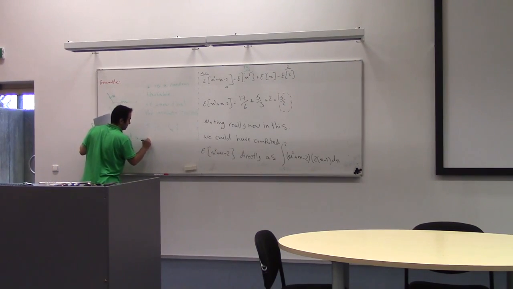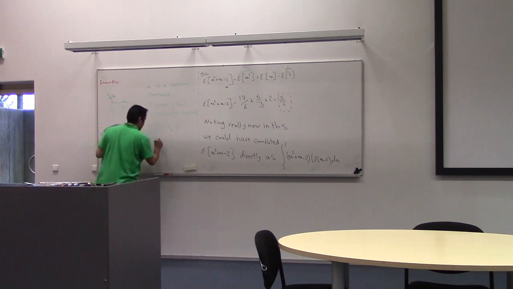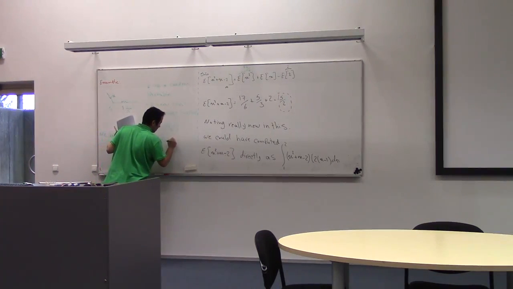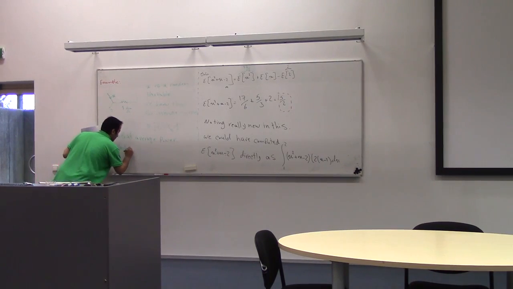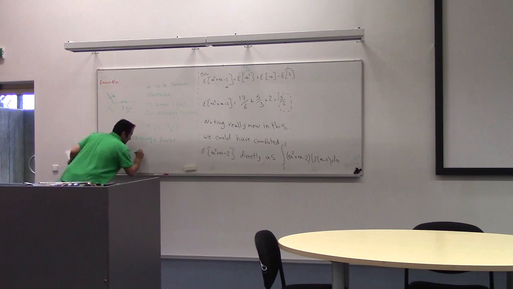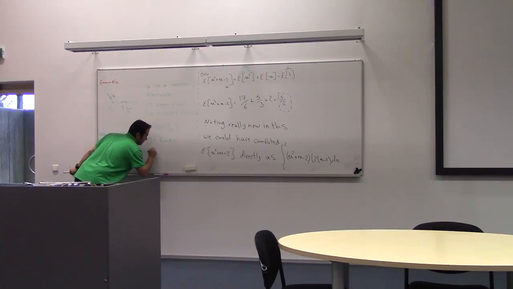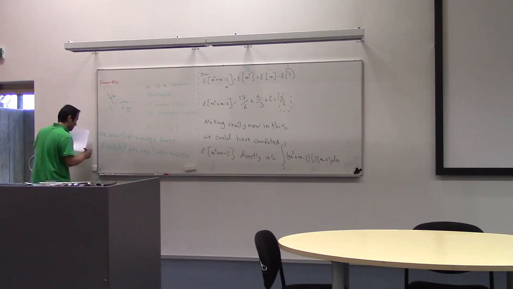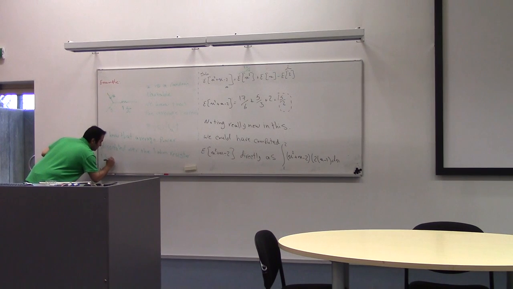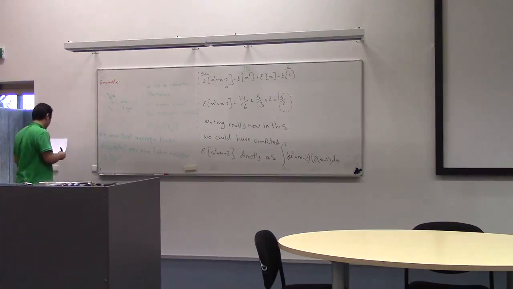And we also know that the average power dissipated over the 1 ohm resistor is equal to 40 watts.